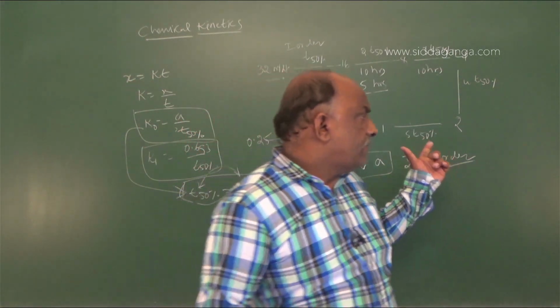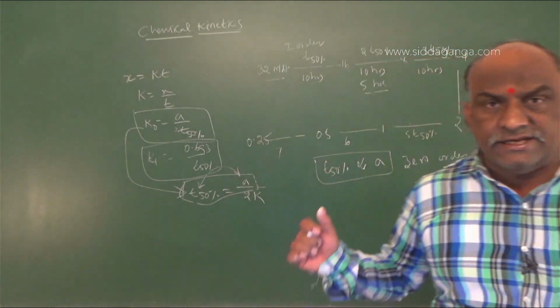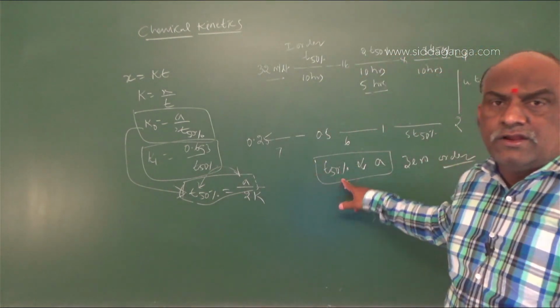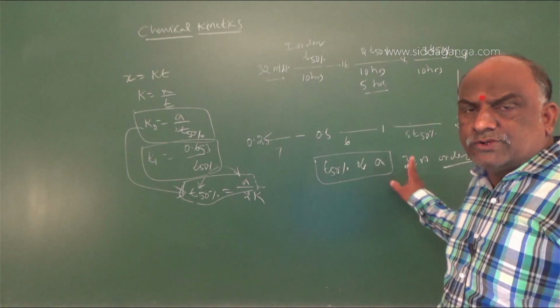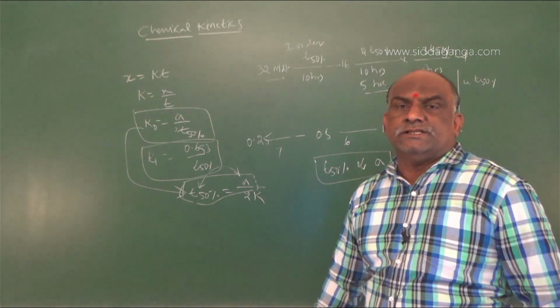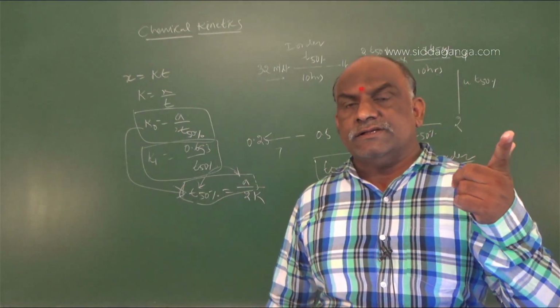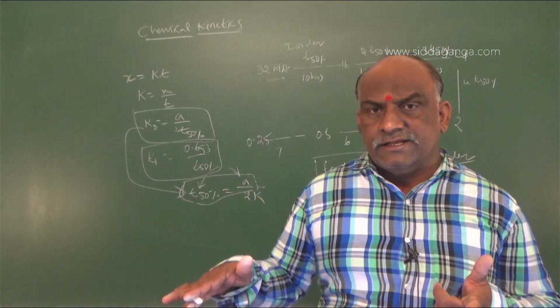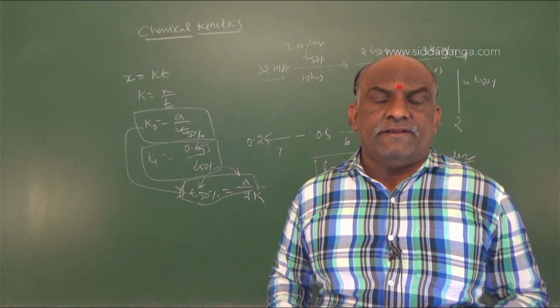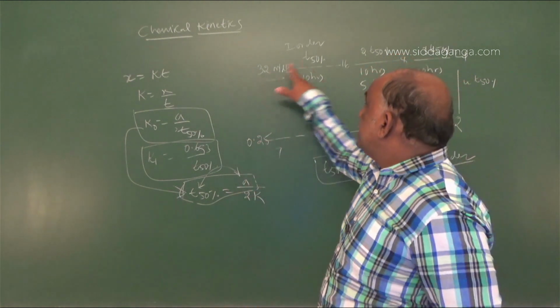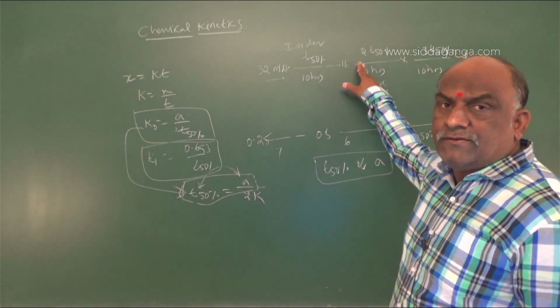They targeted the zero order rate constant and zero order half-life. Zero order half-life is directly proportional to the initial concentration. If concentration increases 20 times, time increases 20 times. If concentration decreases 10 times, time decreases 10 times. But there is no change in time in first order.